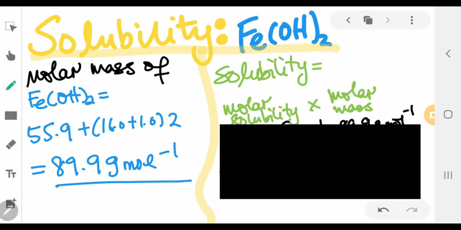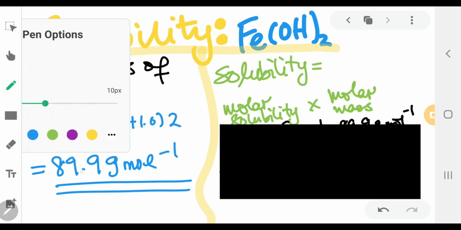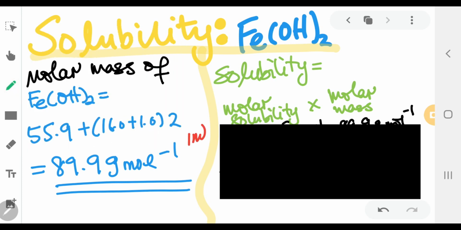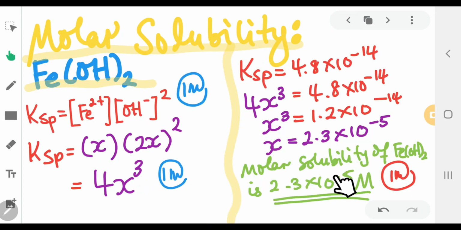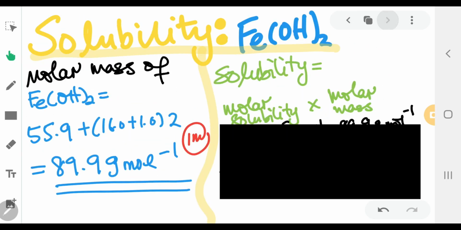So that is the molar mass for iron hydroxide. You get 1 mark. And we take this value and multiply it with the molar solubility which we have worked out right there.